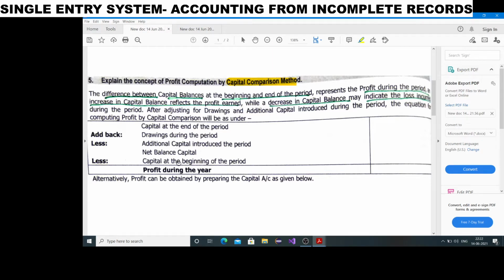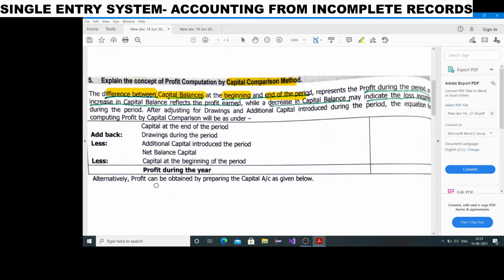Capital comparison method is the difference between capital balances, the capital balances at the beginning and at the end. The difference of capital balance of beginning and end represents your profit.